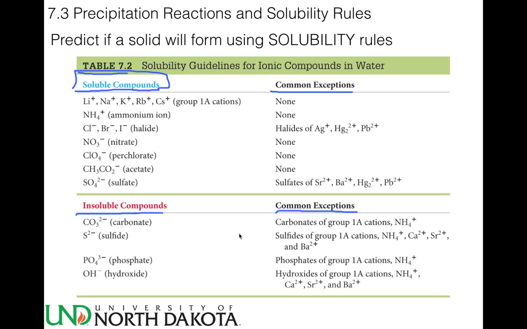Looking at our soluble compounds, the group 1A cations, lithium, sodium, potassium, rubidium, and cesium, and also ammonium, are ions that are soluble with no exception. This means that any compound that contains one of these ions will always have that aqueous state of matter designation after the compound, meaning that that compound will always dissociate into its ions.